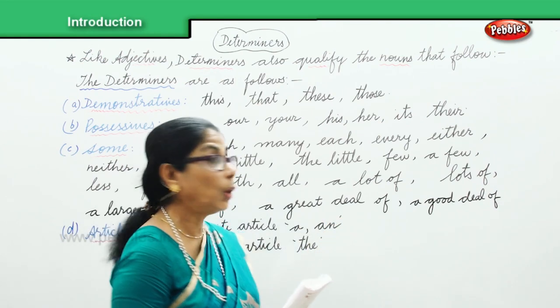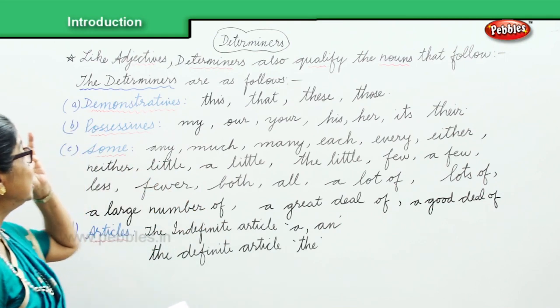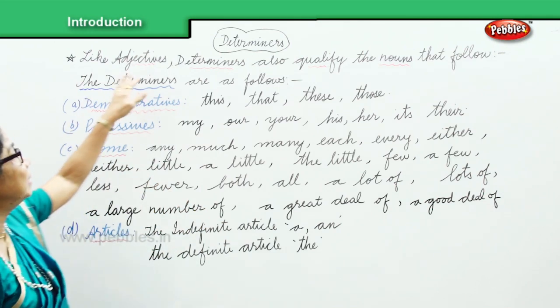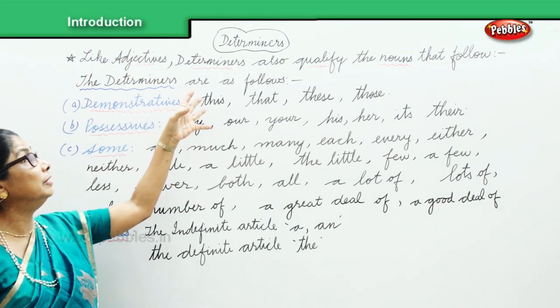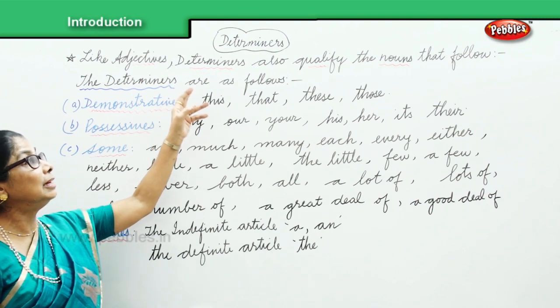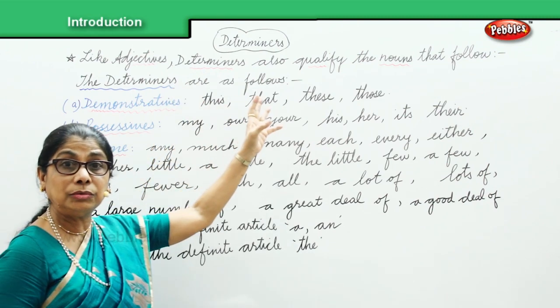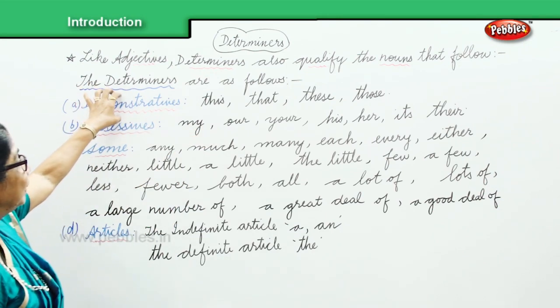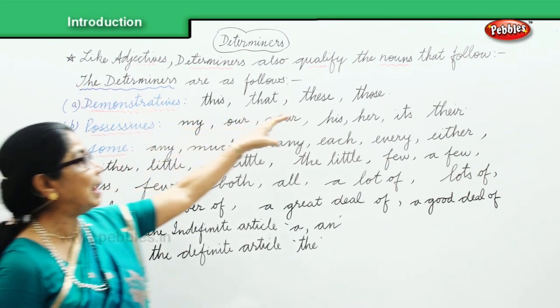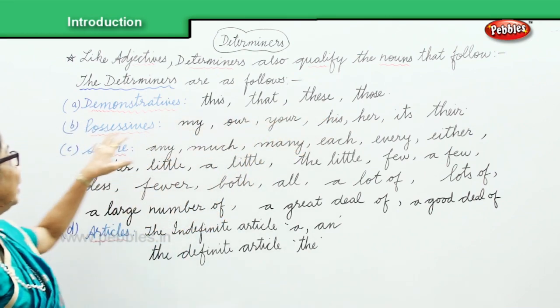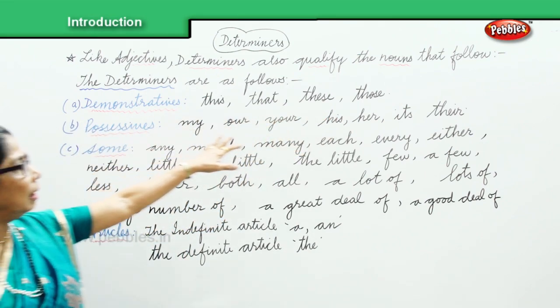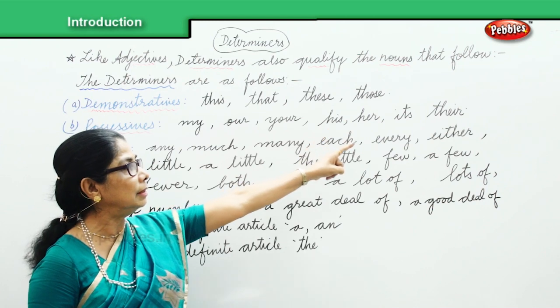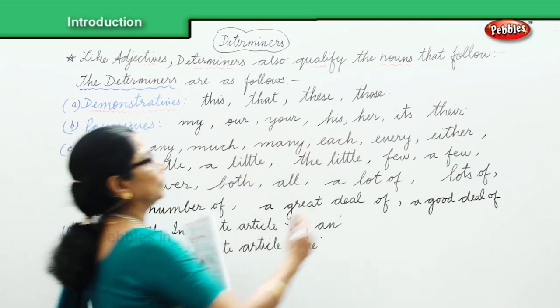Okay. Now, the determiners are like adjectives. The determiners also qualify the nouns that follow. Now, what are determiners? In the demonstratives: this, that, these, those. In possessives: my, our, your, his, her, its, their.